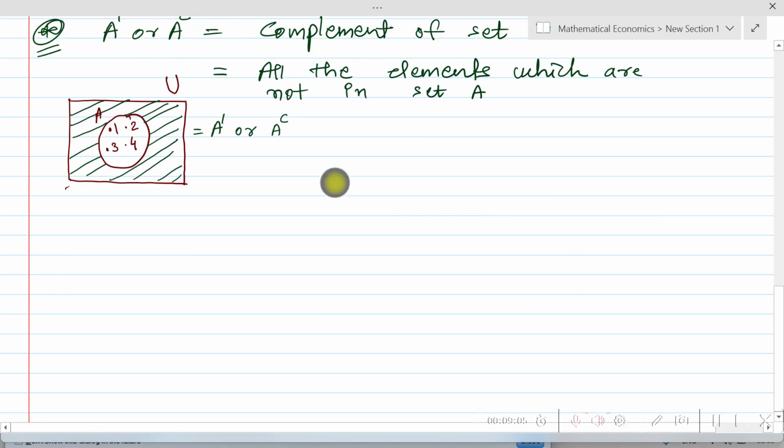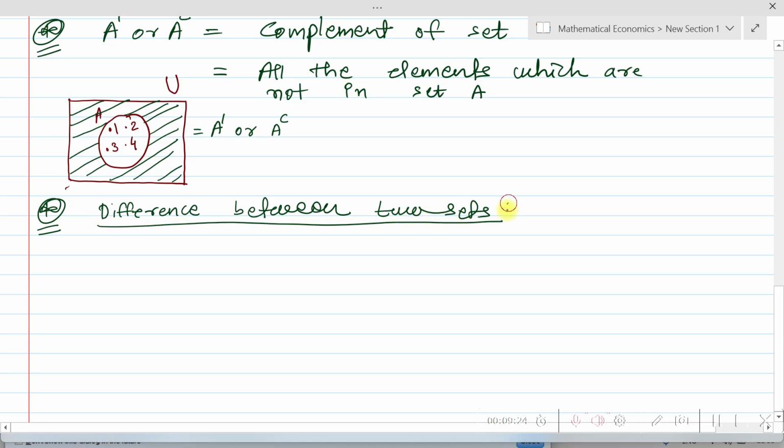And the last set operation that we need to understand is difference between two sets. It is denoted by A minus B. Now how do we define A minus B?